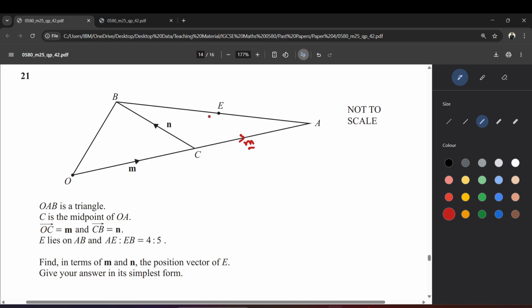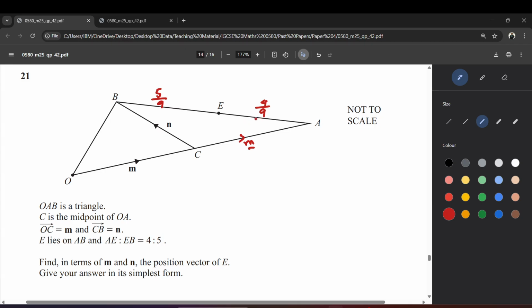So AE is 4. Let's say we have a total of 9 parts, so 4 plus 5, that is 9. Out of those 9 parts, if I divide the length AB into 9 equal parts, 4 upon 9 will go to AE and 5 upon 9 will go to EB. That's what this ratio tells us.